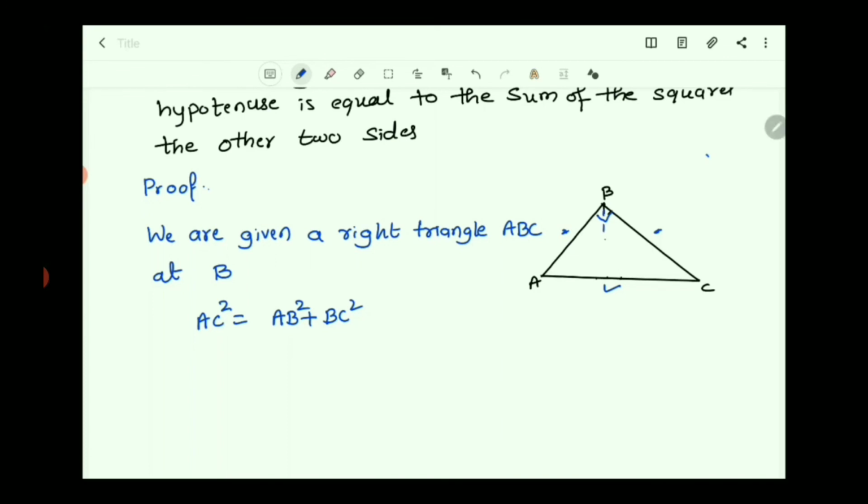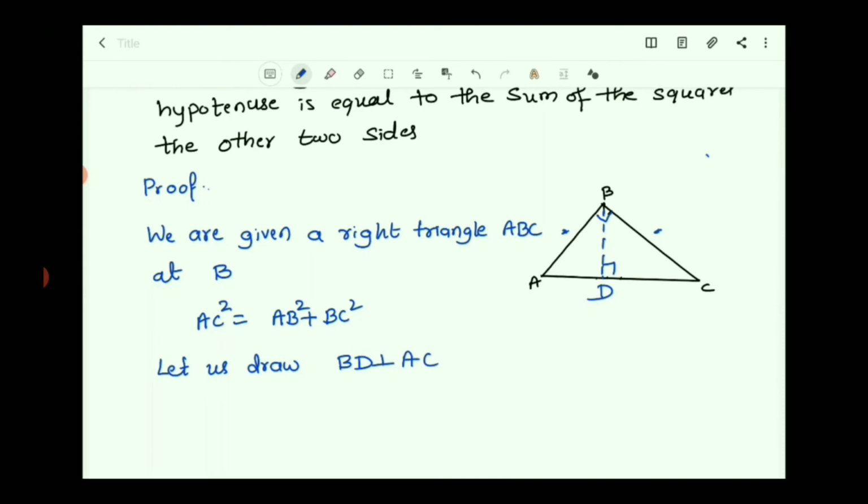So let us draw BD perpendicular to AC. This is the extra construction required here.